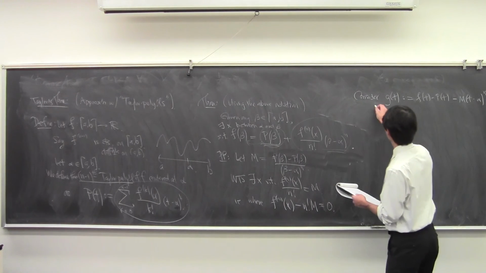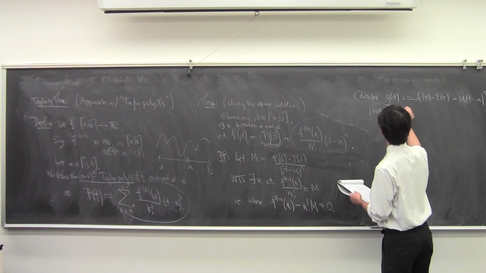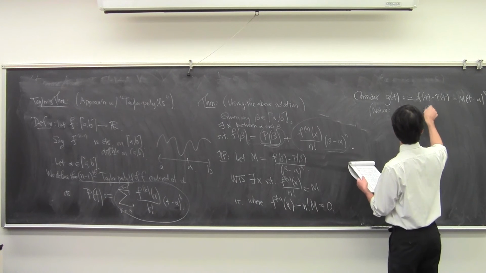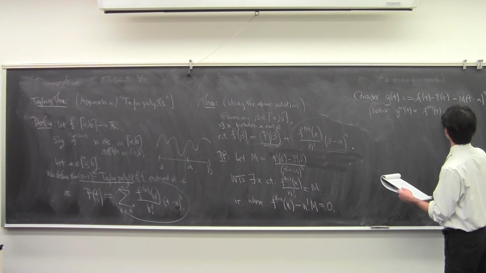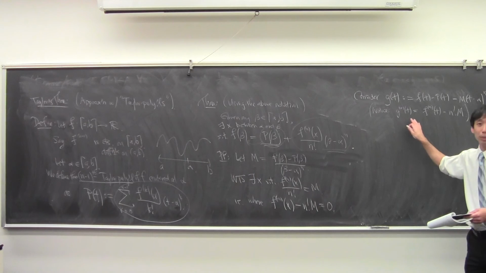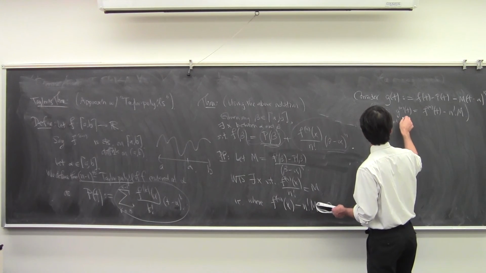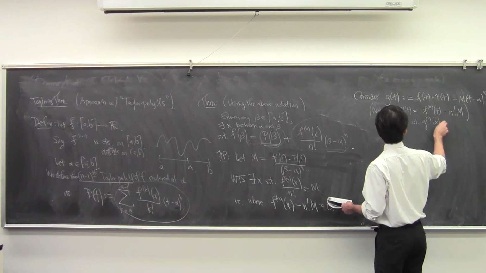Okay. And notice that if we take the nth derivative of that, then we get f^(n)(t) minus n factorial M. So we're hoping to find a place x such that g^(n)(x) is 0.